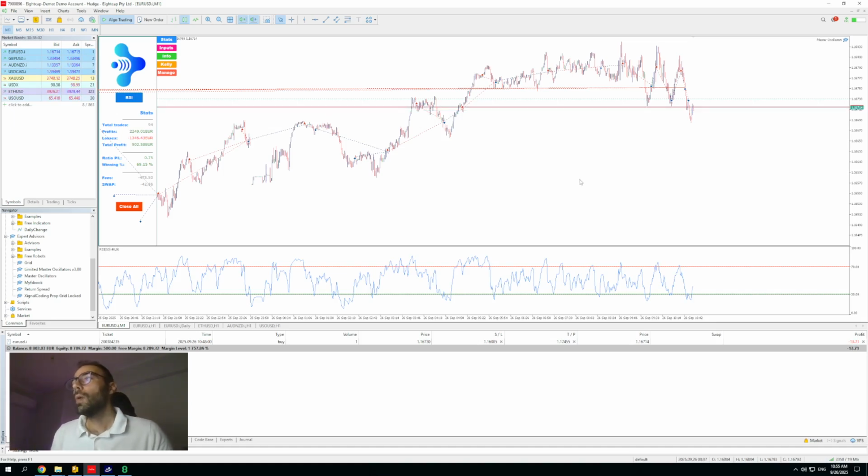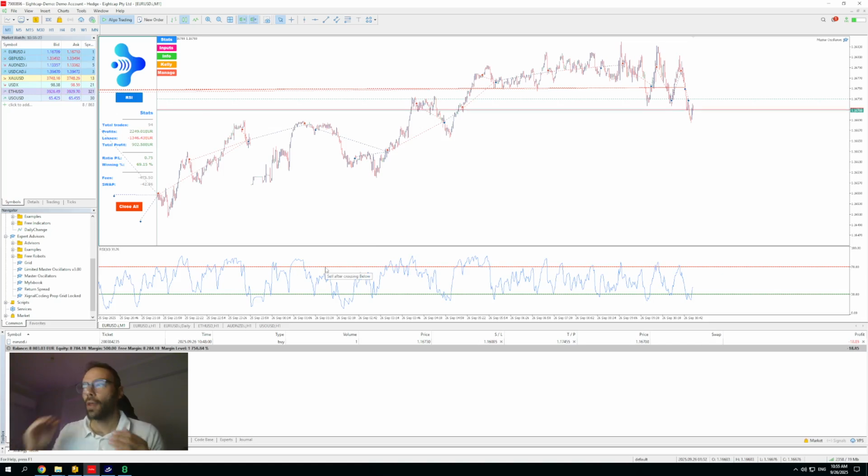And so, as we said, we're using the RSI only on the M1 time frame. We sell when we cross below this red line. This is the overbought signal, and we buy when we cross above this green line.